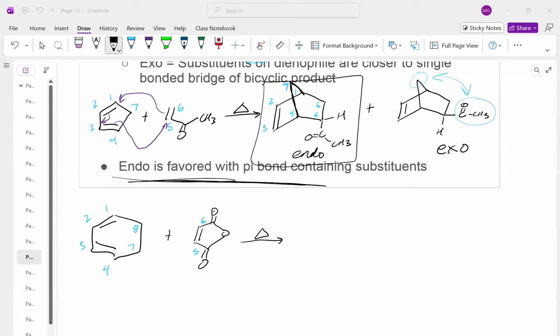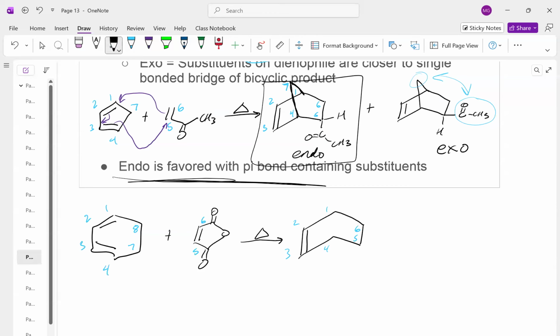And I'm going to start off because the diene is part of a ring. I'm going to still draw cyclohexene. I'm just going to make it look a little weird like this. So there's my cyclohexene. 1, 2, 3, 4, 5, and 6. And notice I still have carbons 7 and 8 to deal with.